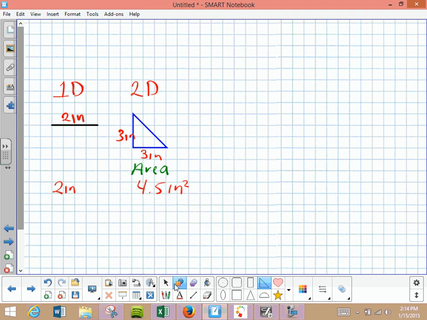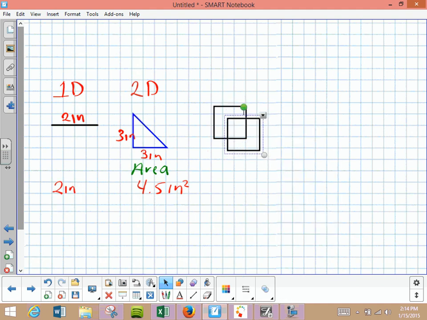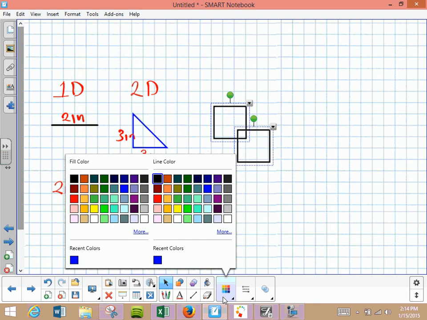I'm going to have a fun time trying to draw this one because I don't think we have any. We don't. I know what I'm going to do. Nope. Duh. Let's make it red.